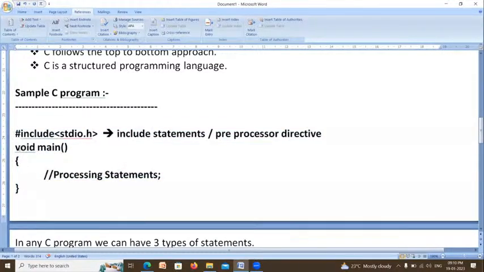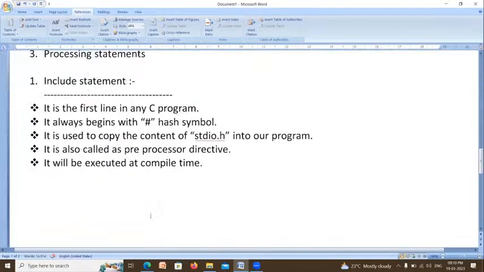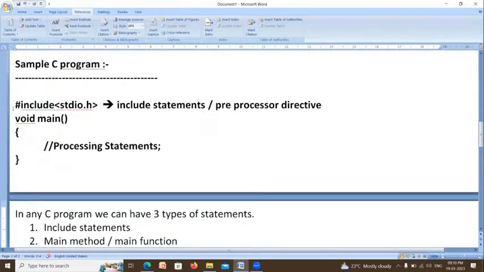We need to convert this program into machine understandable form. That conversion process is called compilation. After converting your program into machine understandable form, the computer can understand and execute your program. So this line will be executed at the time of compilation, not at the time of running. So it is called preprocessor.